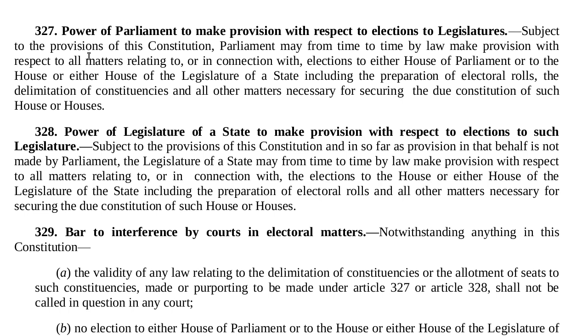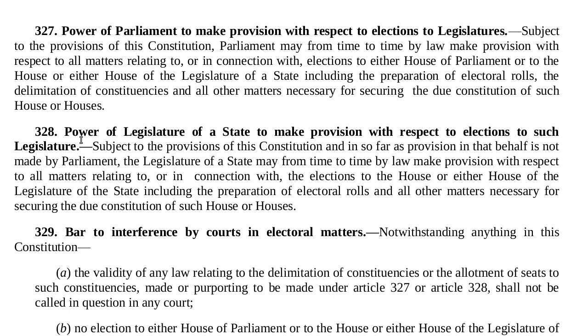Subject to the provisions of this Constitution, Parliament may from time to time by law make provisions with respect to all matters relating to or in connection with election to either House of Parliament or the House or either House of the Legislature of a state, including the preparation of electoral rolls, the delimitation of constituencies, and all other matters necessary for securing the due constitution of such House or Houses.